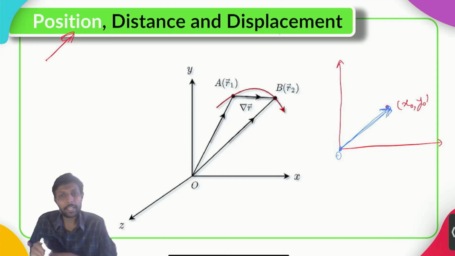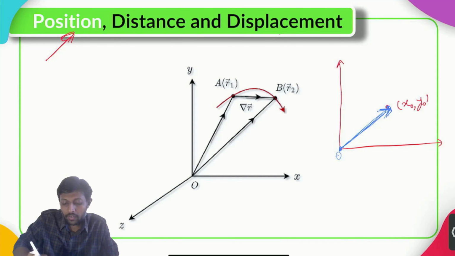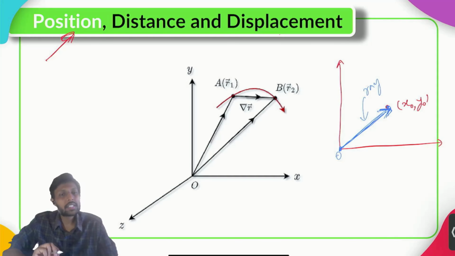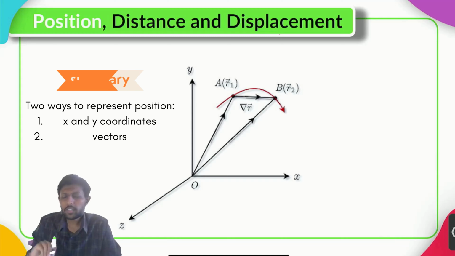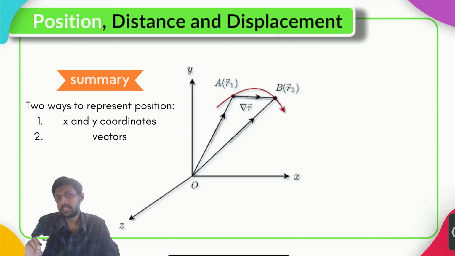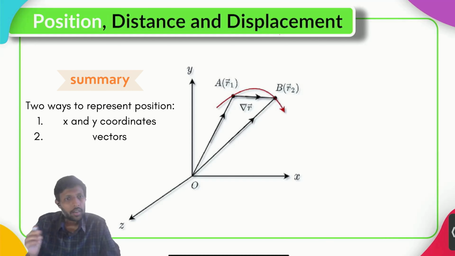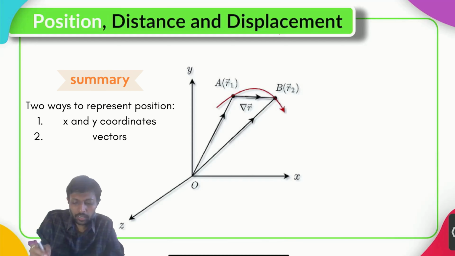So we use a ray. The ray originates from the origin and ends at the position of the object. So this ray represents the vector. This ray also uniquely identifies the position of the object. The coordinates of a point is definitely one of the ways to locate a point, to locate an object. A vector is another way to locate an object.